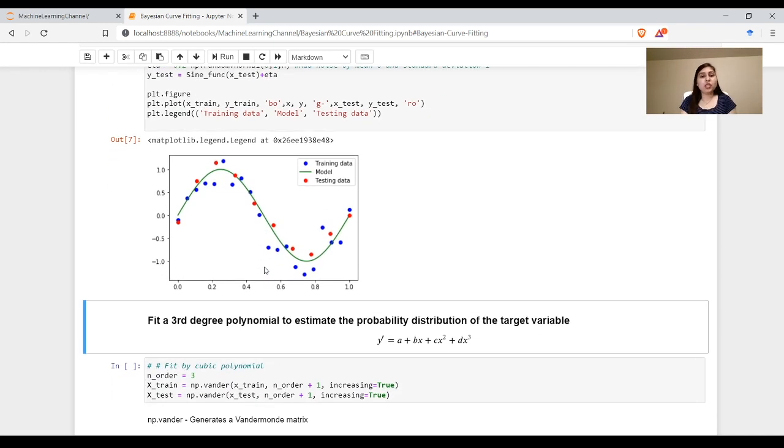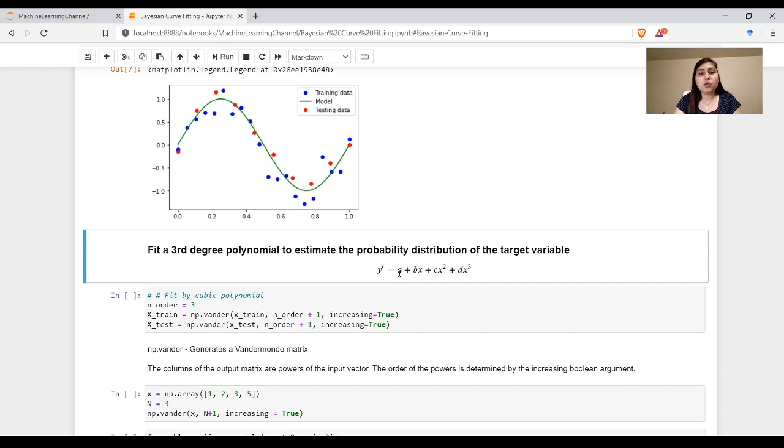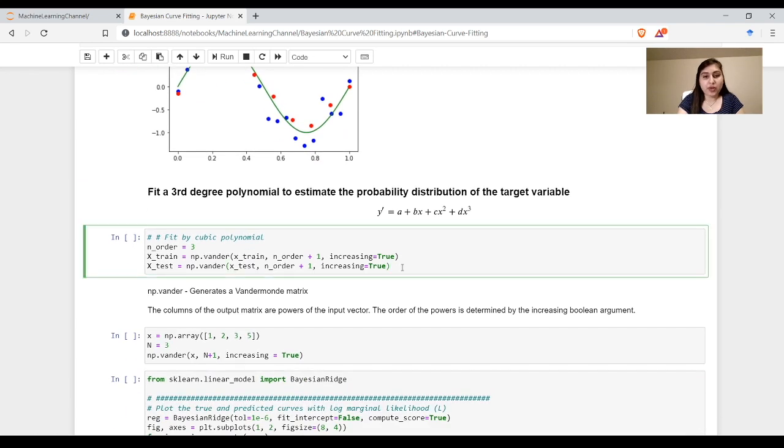Now, for Bayesian curve fitting, we'll use a third degree polynomial to estimate the probability distribution of the target variable. So third degree polynomial is nothing but a plus bx plus cx square plus dx cube. As we know the x variable, we also need to compute x square, x cube. So we will use Vandermonde matrix to represent these terms.